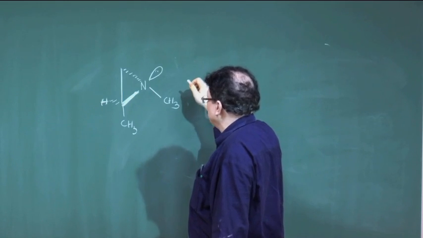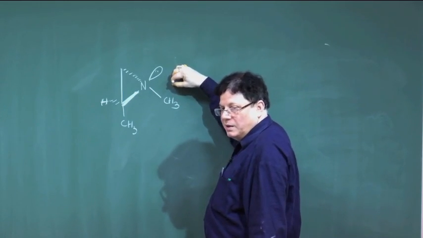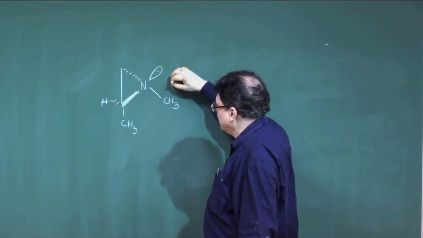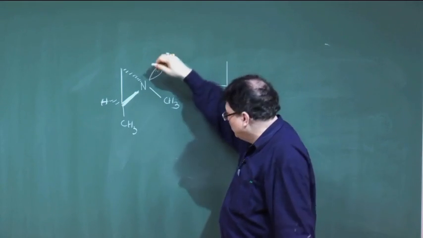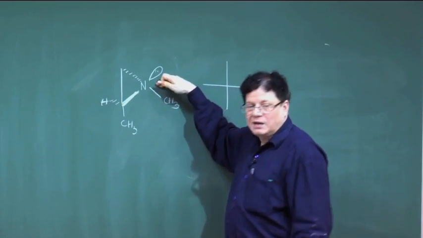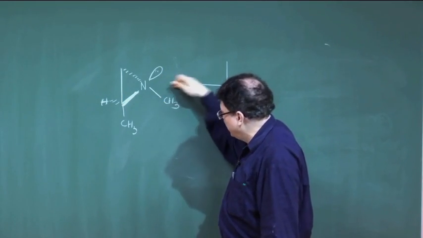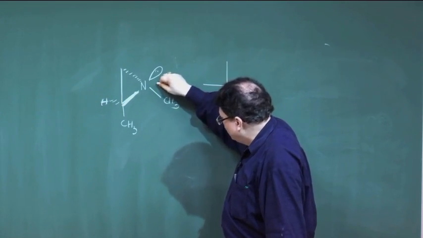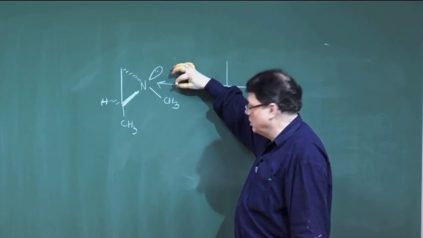So, what you do, you stand here in an orthogonal position to the plane, extend your right hand and left hand, and if you do that, the groups will be spread out. This will look exactly like your Fischer projection formula, what it should appear like. So, you look from this side, but standing in an orthogonal position.